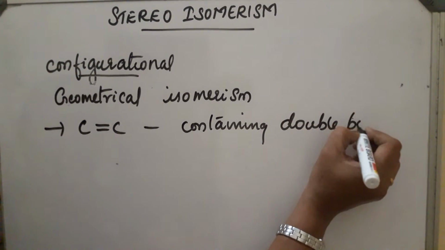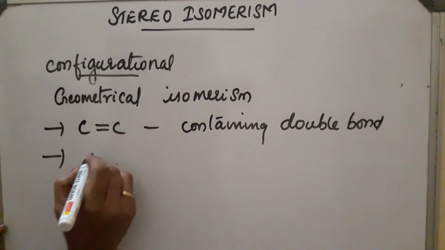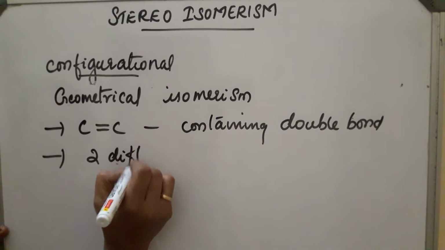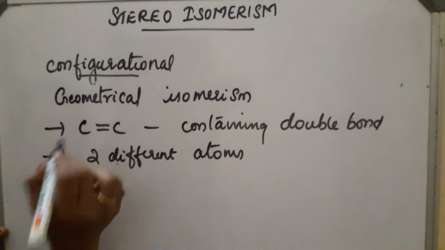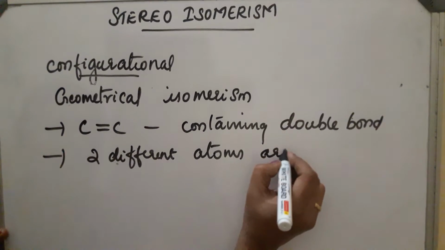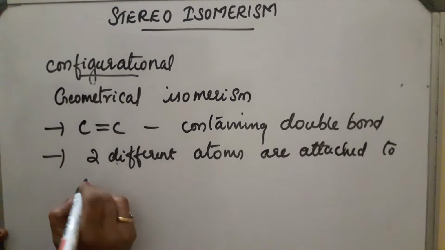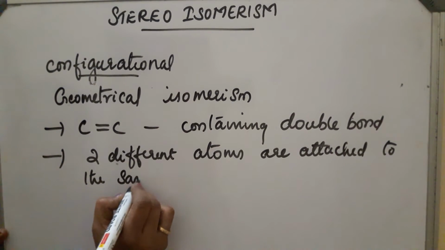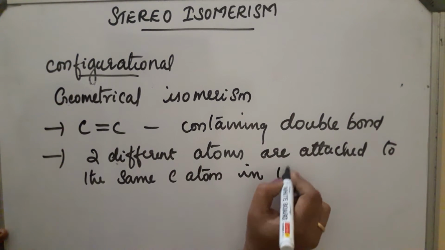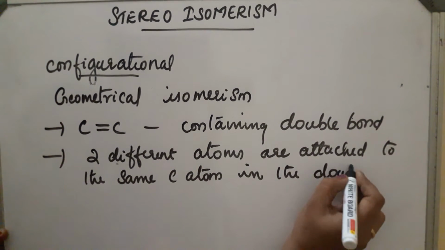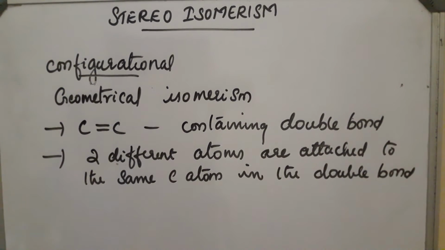Also, these double bonds must have two different atoms attached to the same carbon atom in the double bond. This is an important point in geometrical isomerism.